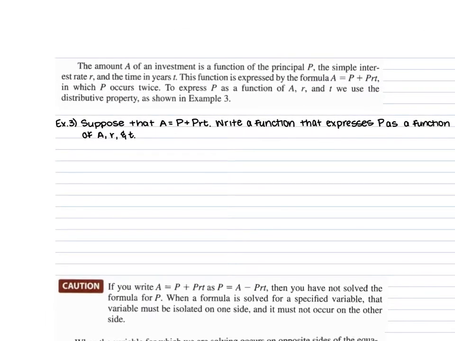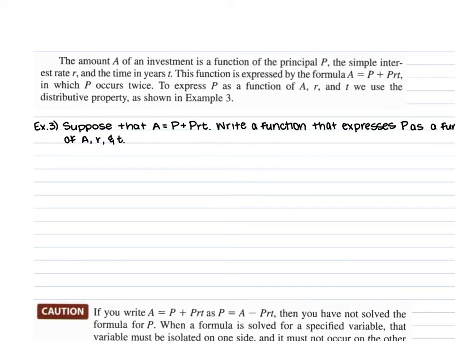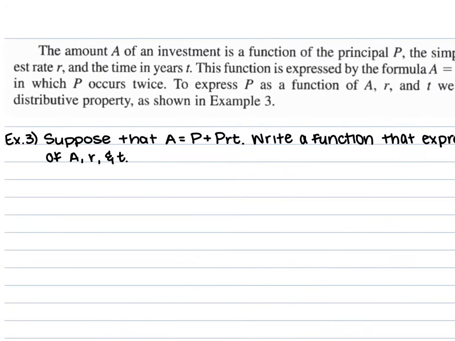For example 3, we have A is equal to P plus P times r times t, and we're writing a function that expresses P as a function of A, r, and t. So we're going to start with A is equal to P plus P times r times t. Both terms on that right side have a P attached to them, so I'm just going to factor out a P from them to get A is equal to P times (1 plus r times t).